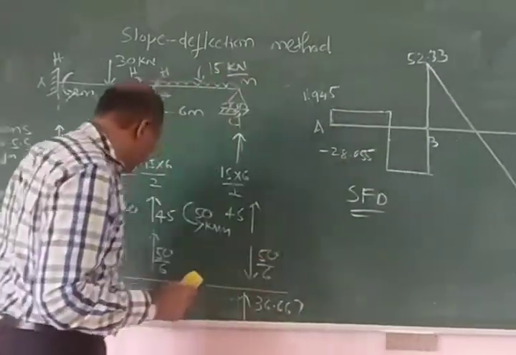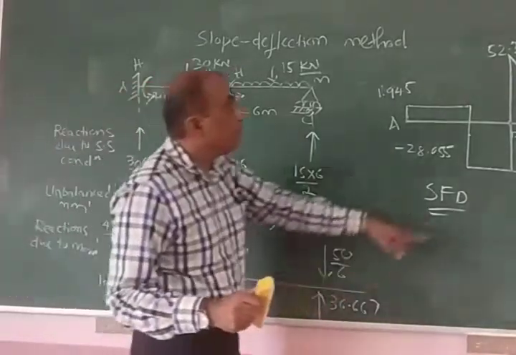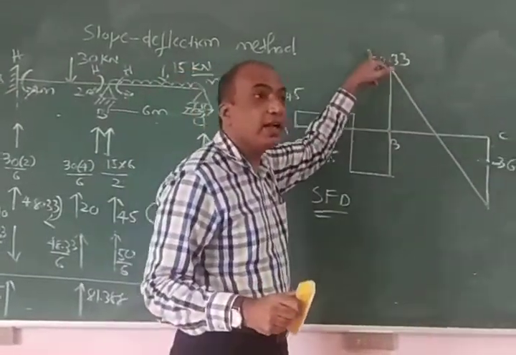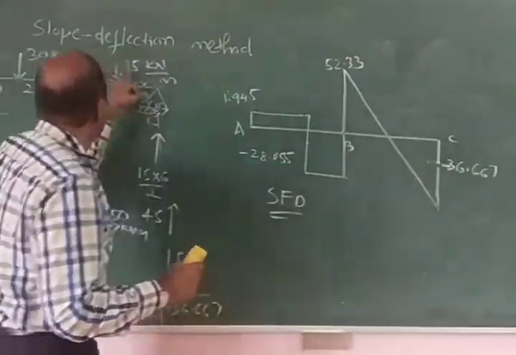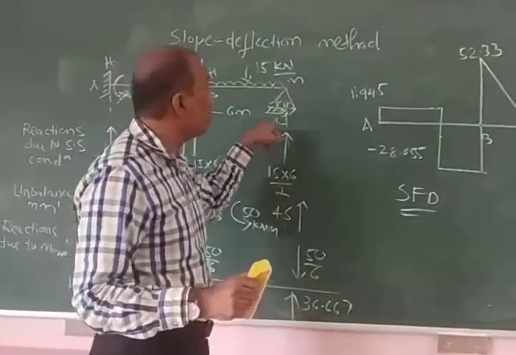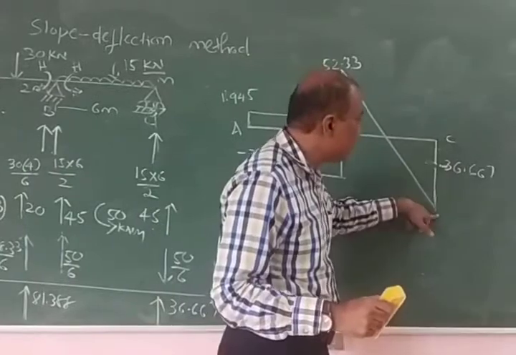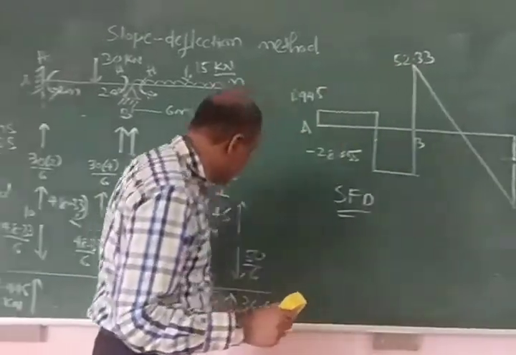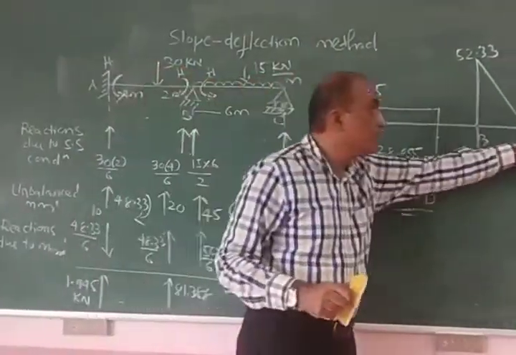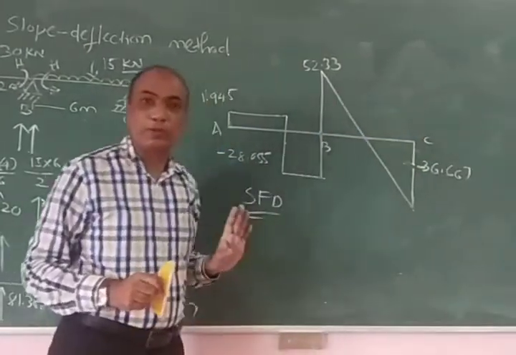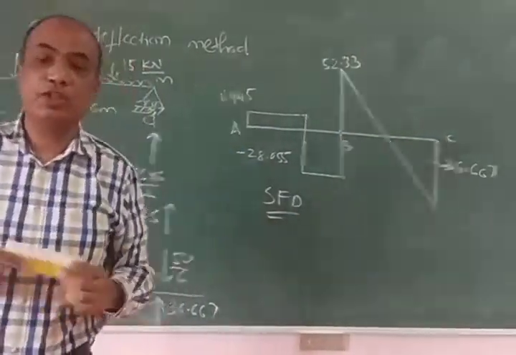Sudden increase of 81.388, it becomes 52.33, then gradual drop of 15 into 6, total drop 90. So 52.33 minus 90 becomes minus 36.667, minus 36.667 plus 36.667, it closes here or becomes 0. This is your shear force diagram.